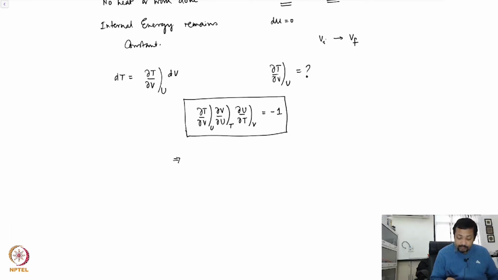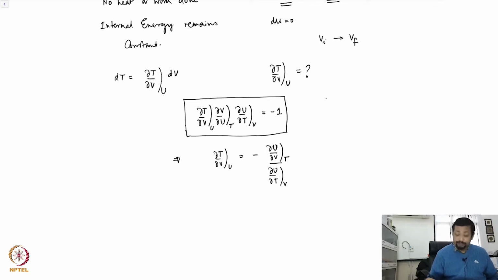And this implies that (∂T/∂V) at constant U is minus (∂U/∂V) at constant T, divided by (∂U/∂T) at constant V.